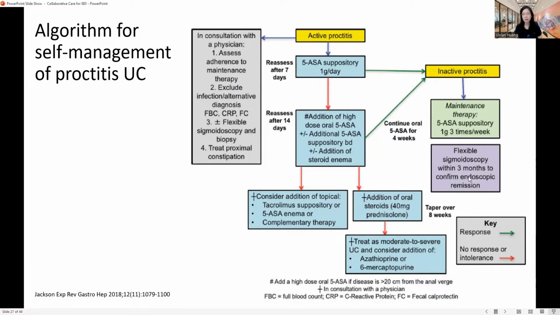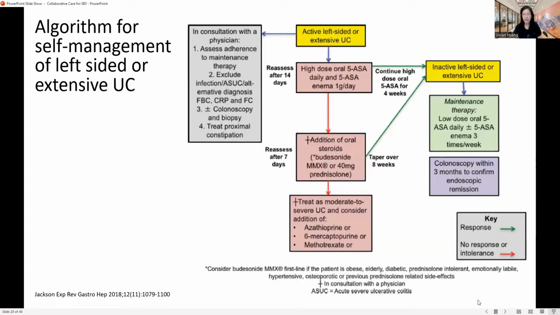This is just a typical one, probably for limited proctitis, to educate the patient about using the topical therapies and then working their way up. And then the cycle of treatment as we assess that they're responding and then going on to maintenance. If they have extensive colitis, it's slightly different and includes the oral therapies. And then again, counseling the patient on monitoring with fecal calprotectin, colonoscopies, and then going on to the appropriate maintenance therapy.